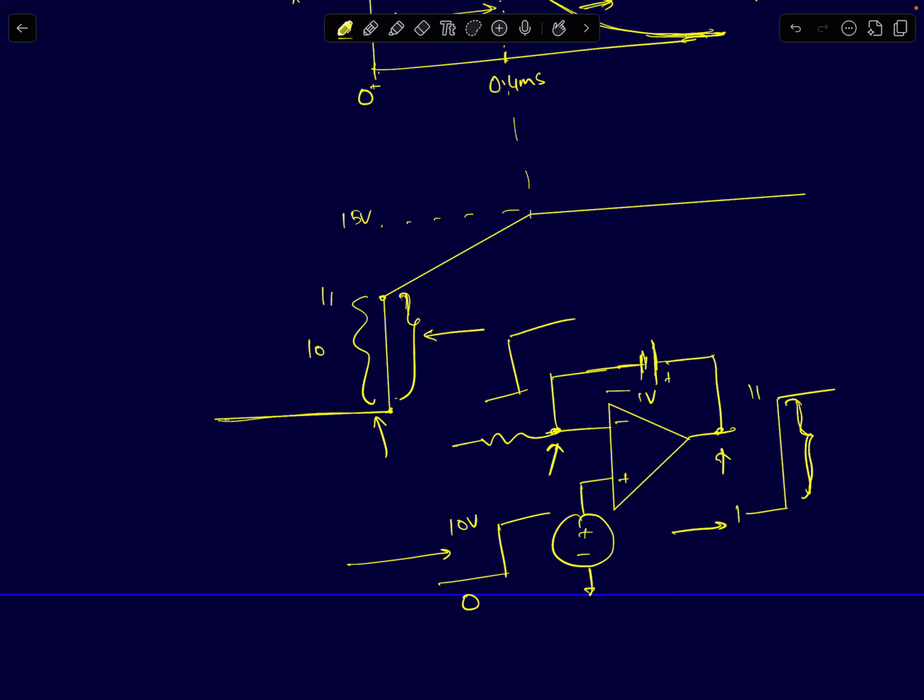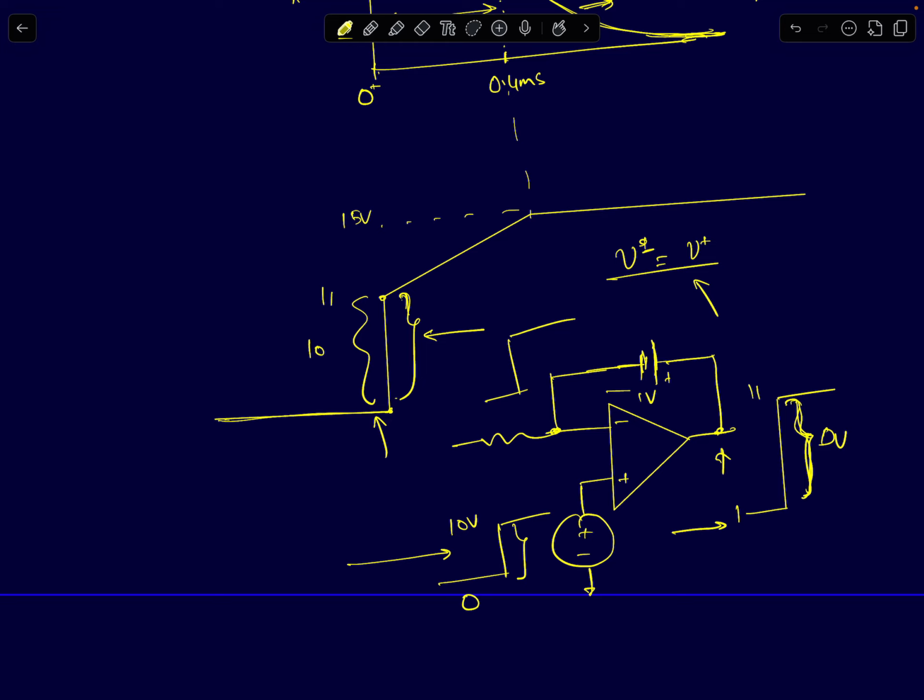The initial starting point will be different, but the total change in the output voltage will be exactly equal to the change in the input voltage. And the inverting terminal will exactly track V plus, and this happens when there is negative feedback.